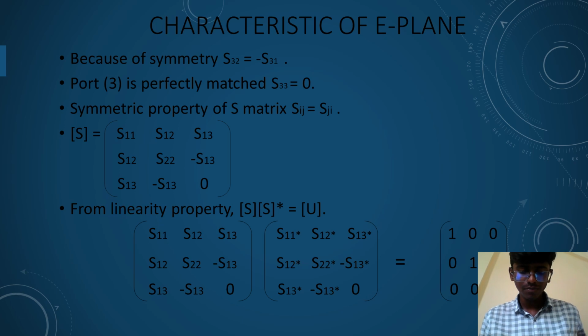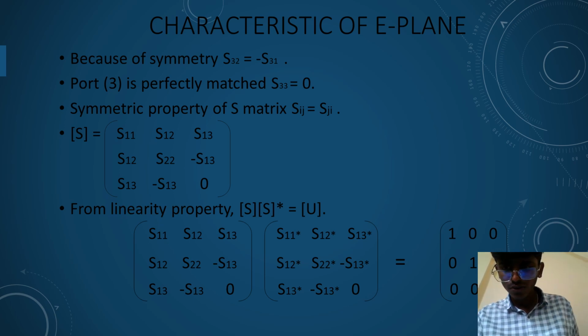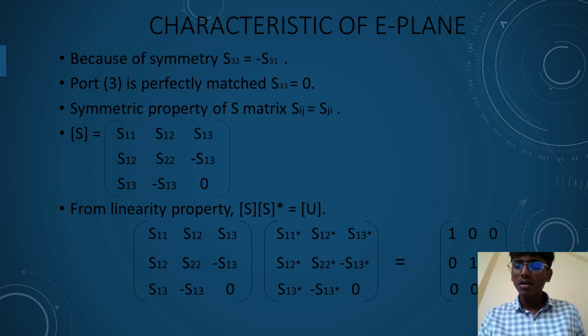We can see from the PPT: S11, S12, S13, S12, S22, minus S13, S13, minus S13, 0, into its conjugate transpose, is equal to the unit matrix 100, 010, 001. It's a unit matrix. Moving on to the next slide.